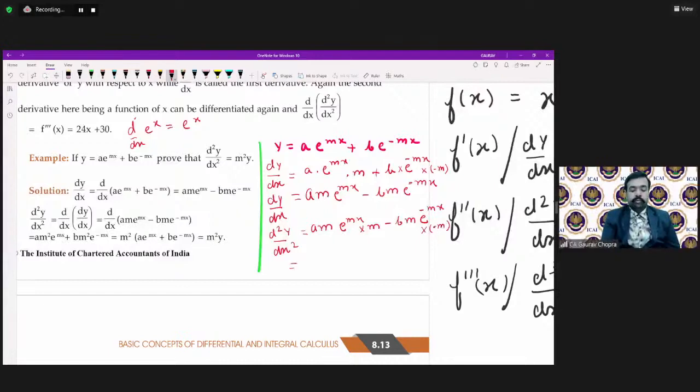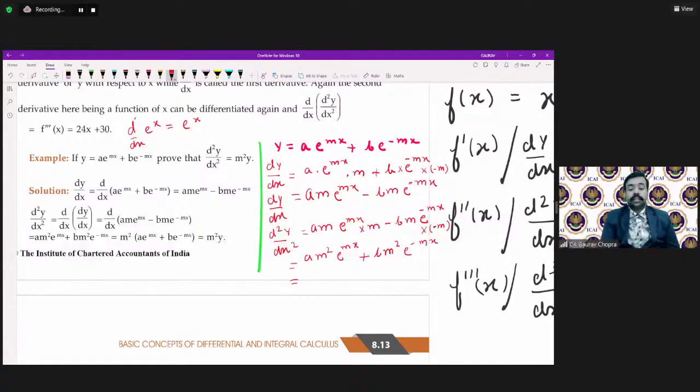So finally we get a m square e to the power of mx plus b m square e to the power of minus mx.